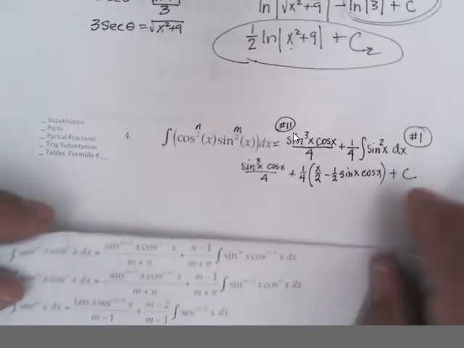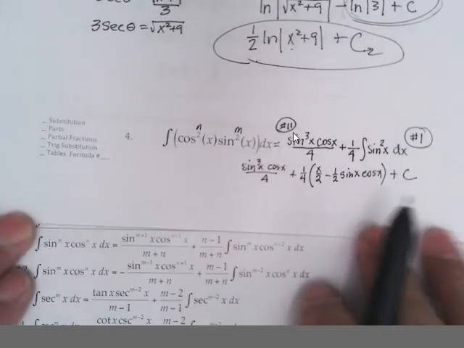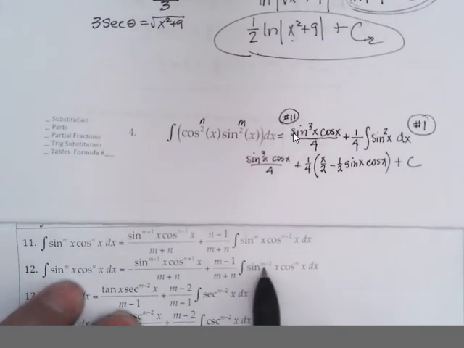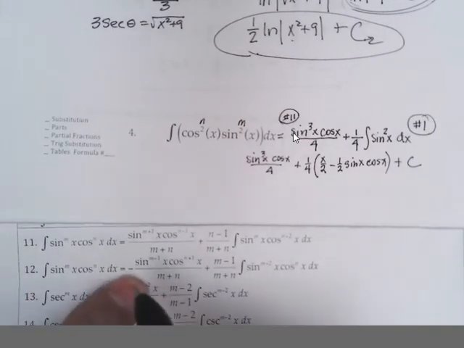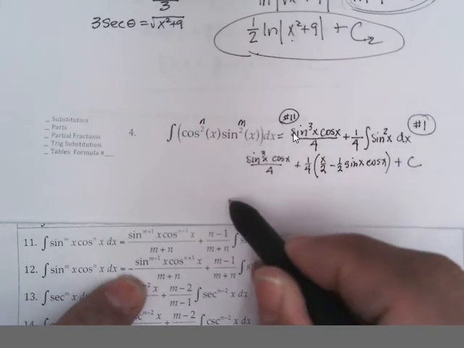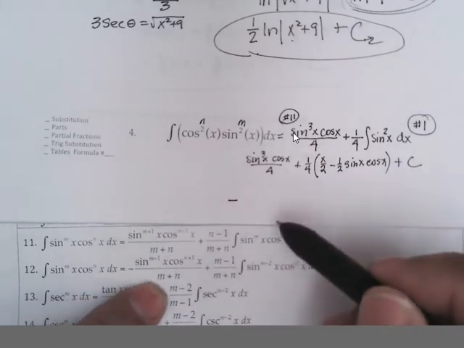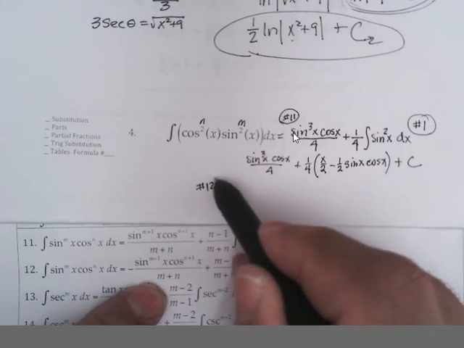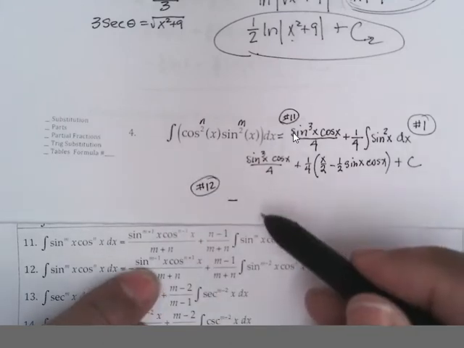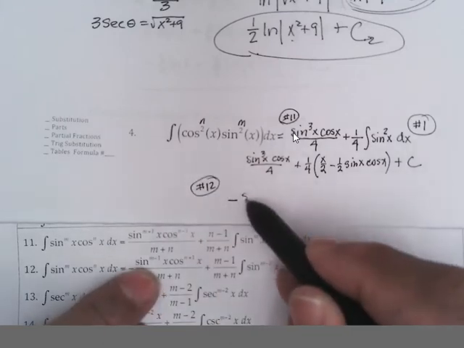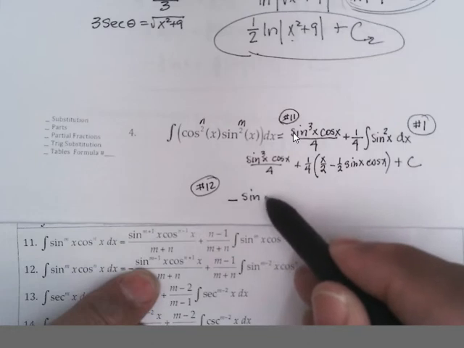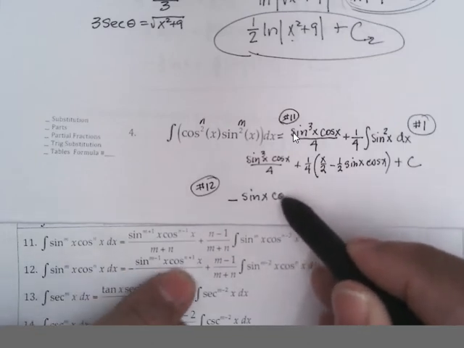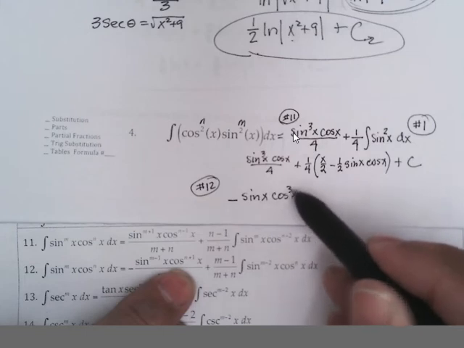What if I had started with number 12? Number 12 will reduce the sine by 2, and several people missed the minus in the formula that uses this one, but I'm using number 12 now, redoing this. So the sine would decrease by 1, so it would be the sine to the 1x, cosine to 1 more, so it would be cosine cubed x, looking very similar.